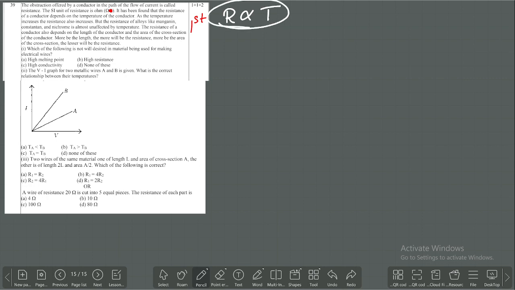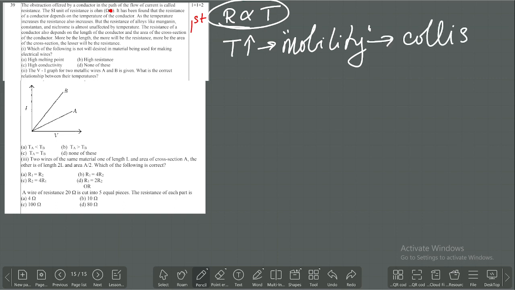Why? Because if you increase the temperature of the material, the mobility of the electrons also increases. Mobility means how the charges move. If mobility increases, the collision between the charges also becomes more. Due to more collisions, the flow of current gets reduced.